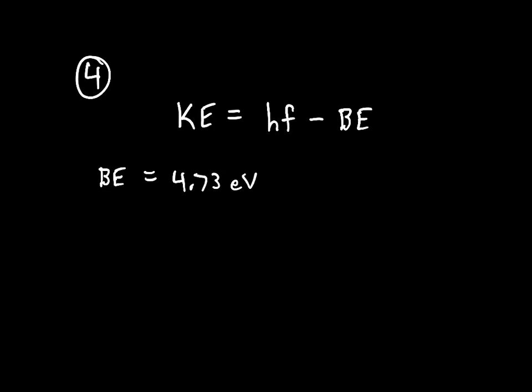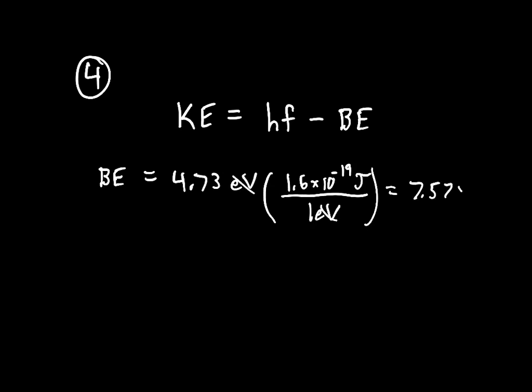What's a good idea to do right away? Convert it. 1.6 times 10 to the negative 19 joules in 1 electron volt. So convert that right away. Get rid of the electron volts to get 7.57 times 10 to the negative 19 joules.